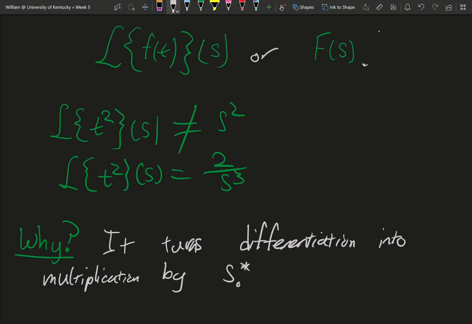And there's a star there. That's not quite true. We'll see what the actual formula is eventually.